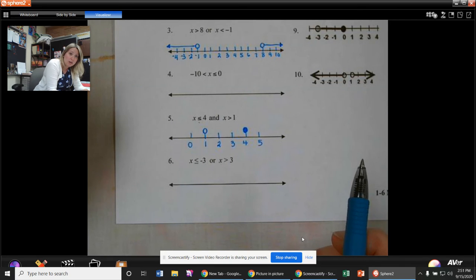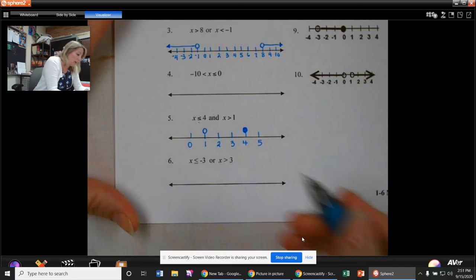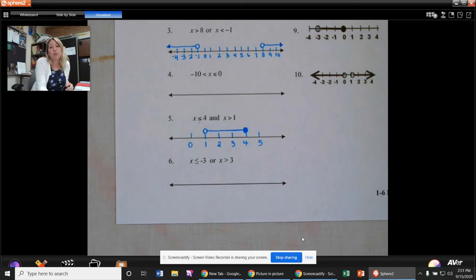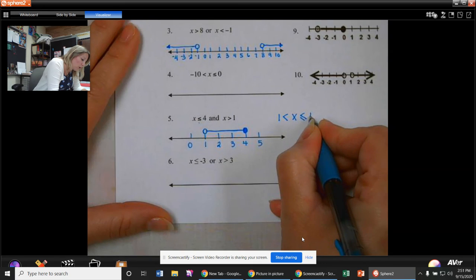And since both things need to be true, X has to be less than or equal to 4 and X has to be greater than 1. Since both have to be true, they have to be coming together. So you can rewrite this as a betweeny inequality if you want because X is between 1 and 4. So 1 is less than X, which is less than or equal to 4.